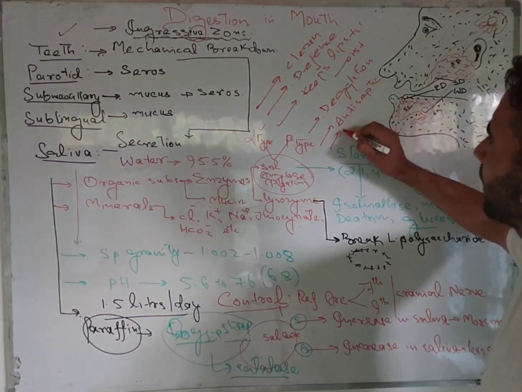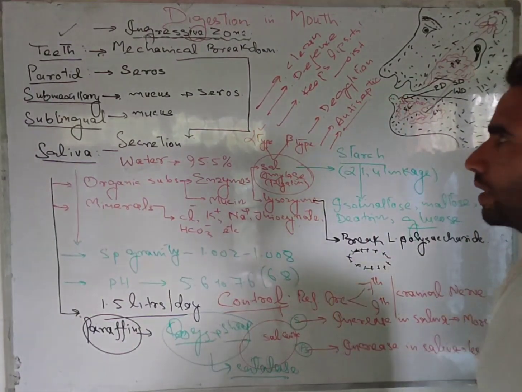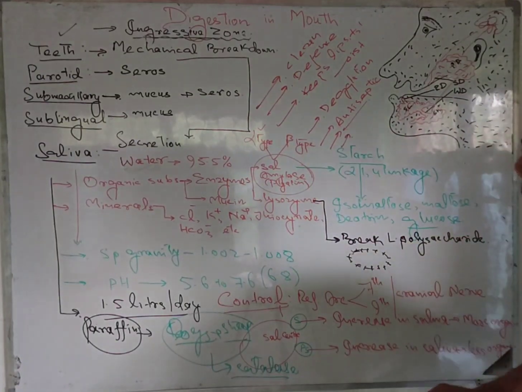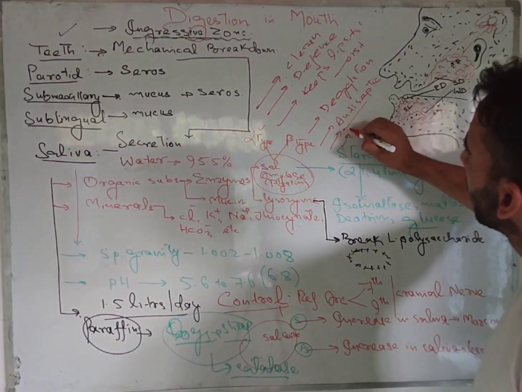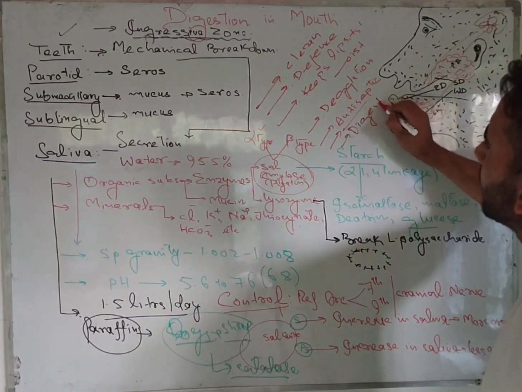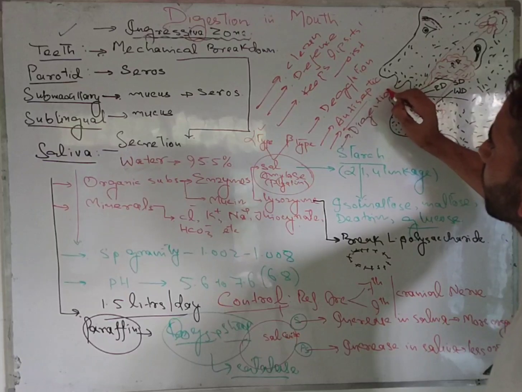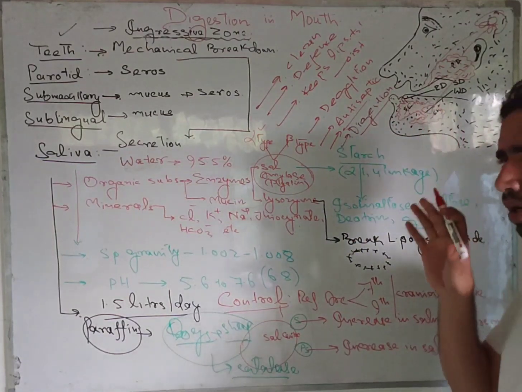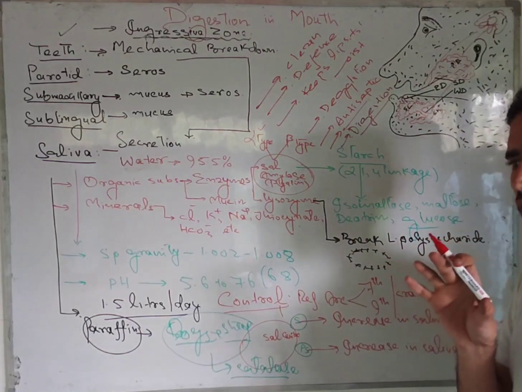So it can act as an antiseptic agent for us, and it also helps us in the process of digestion. We have seen that the process of digestion starts in our mouth, and it is the carbohydrates whose digestion starts in the mouth.